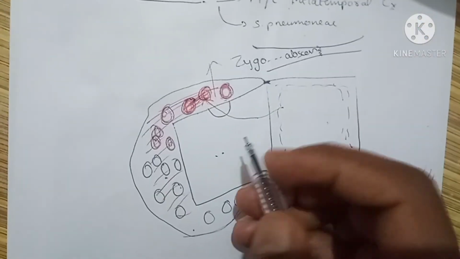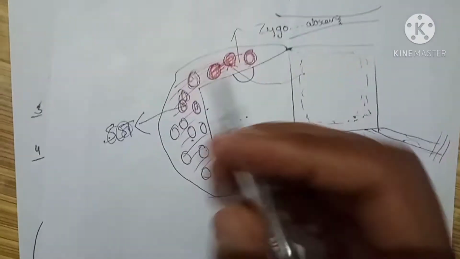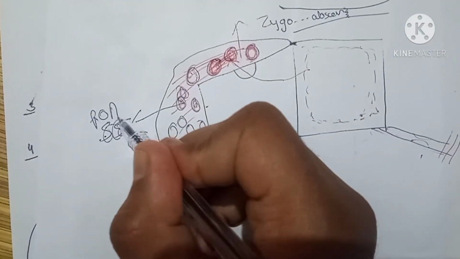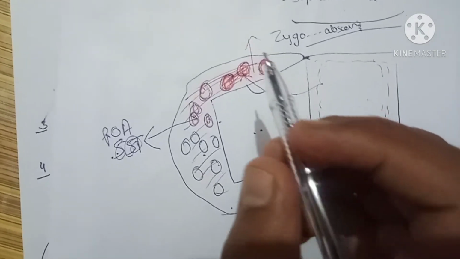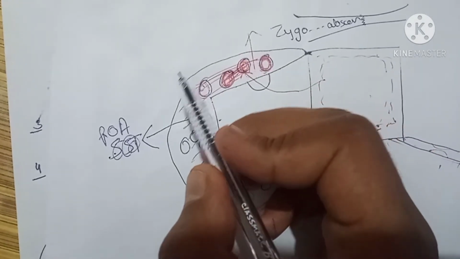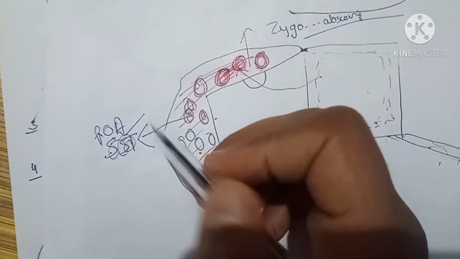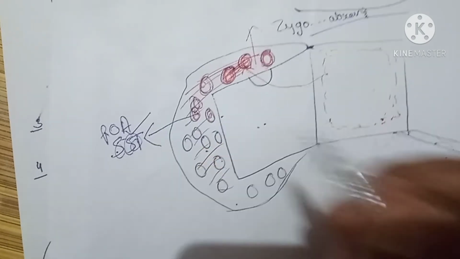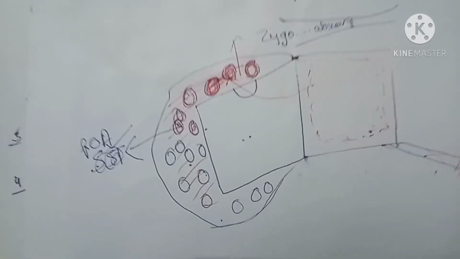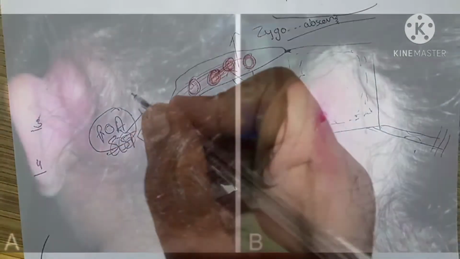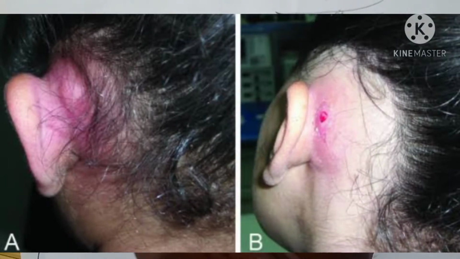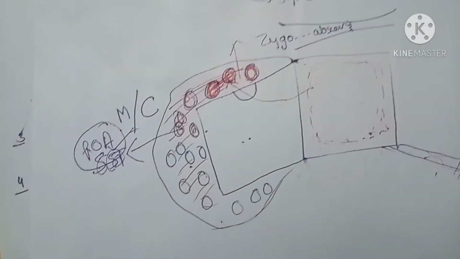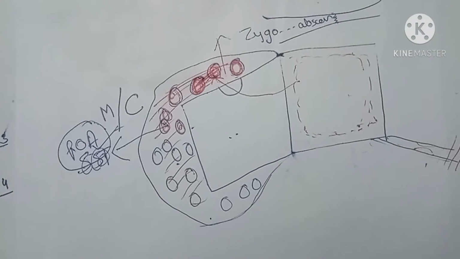Posteriorly, it leads to a post-auricular abscess, meaning behind the ear where there was already inflammation and ironed out appearance. It leads to a post-auricular abscess or a subperiosteal abscess. And this post-auricular abscess is the most common complication that occurs in the case of mastoiditis.